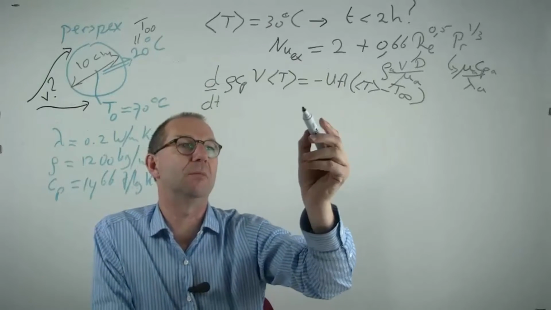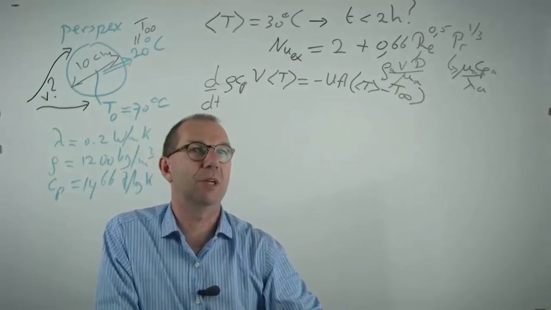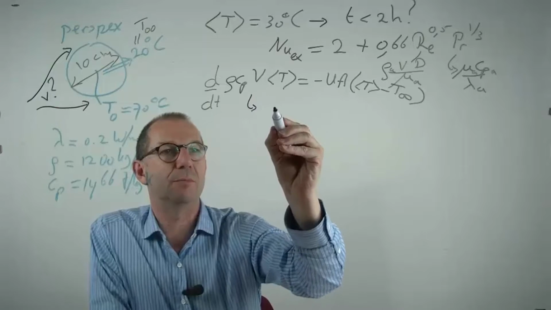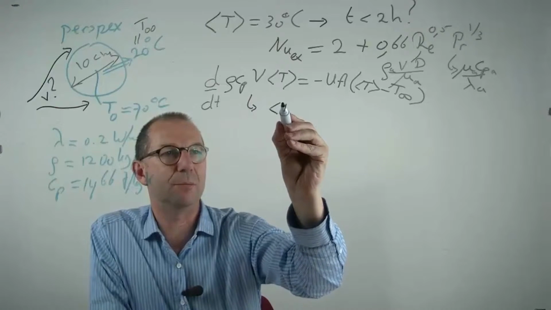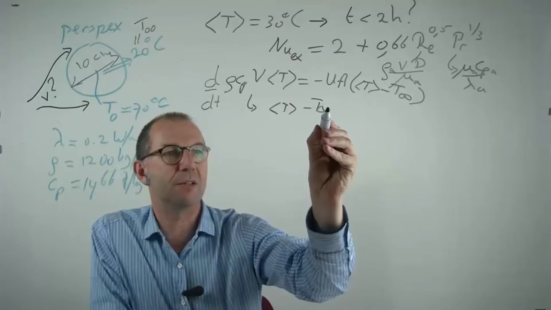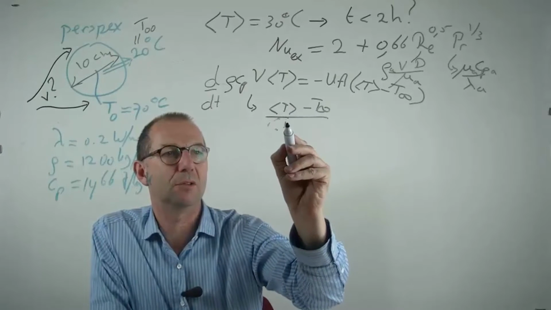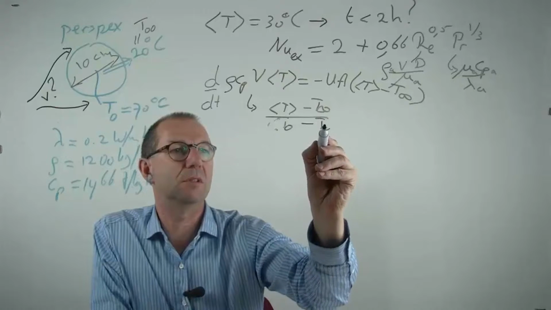Everything is known here except for this U, which is a constant. And I could solve this as we did, and we found that the temperature with respect to the environment temperature changes according to this rule.